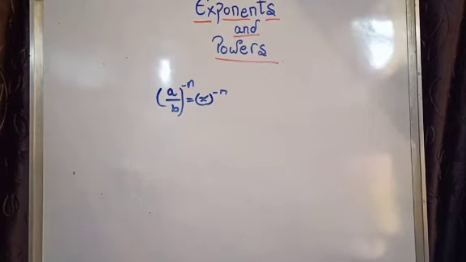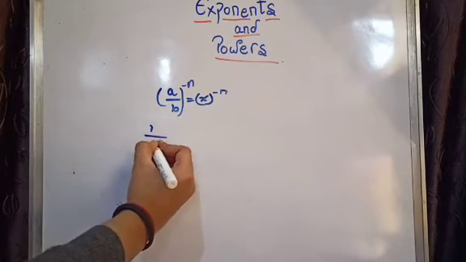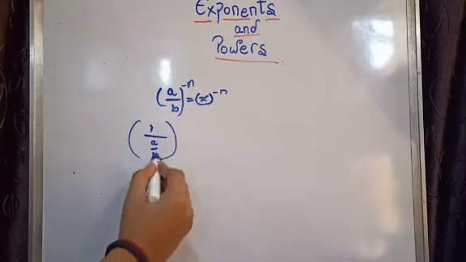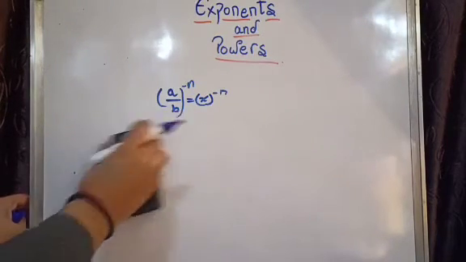Now what I am going to do is, see, a over b to the power of minus n is given, so I can convert it to 1 over a over b to the whole power of n. Okay, I can convert it like this. I am writing once more so you can understand.